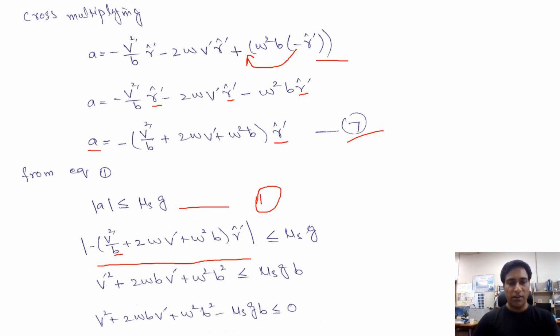So v dash square plus 2 omega b v dash plus omega square b square is less than or equal to μs g b. So this is just simplification. We took this term on the left hand side. So v dash square plus 2 omega b v dash plus omega square b square minus μs g b is less than or equal to 0.